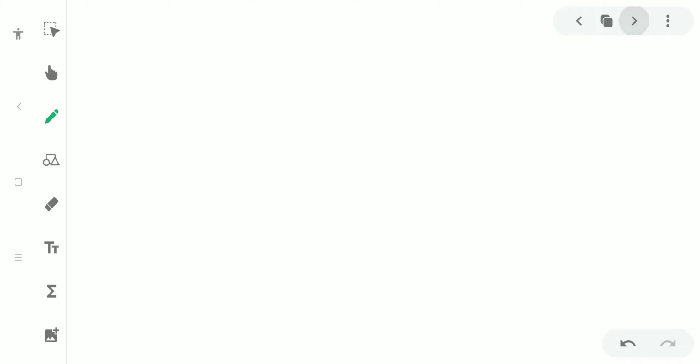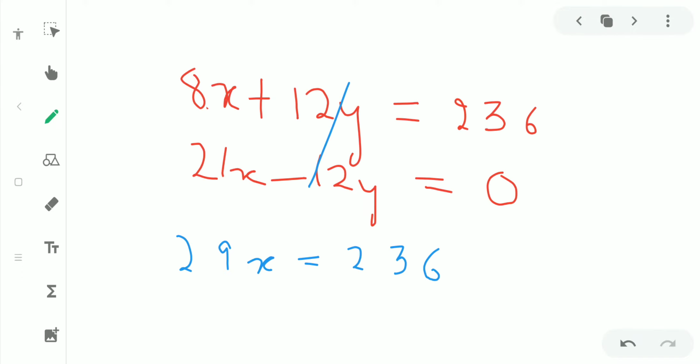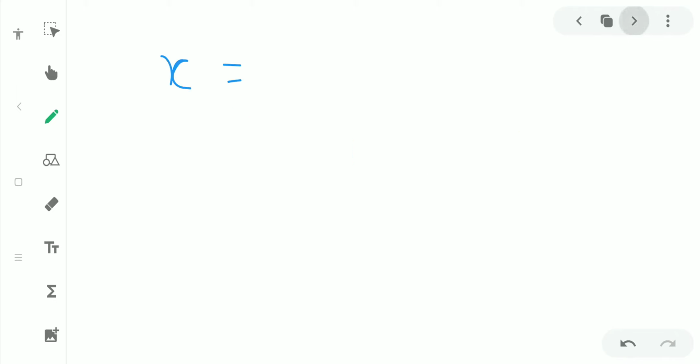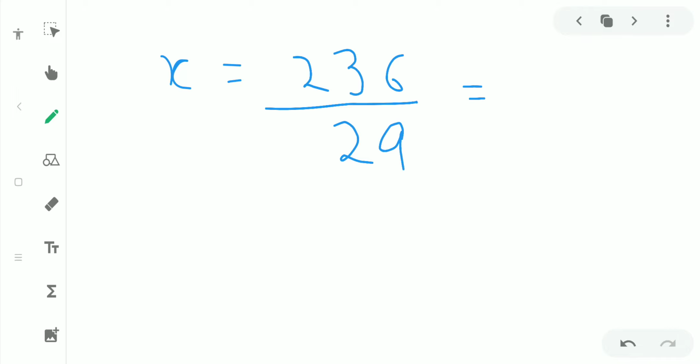So we will get x is equal to 236 divided by 29, by transposing 29 to the RHS. 236 divided by 29: 29 eights are 232, so we get 4 as numerator and 29 as denominator.